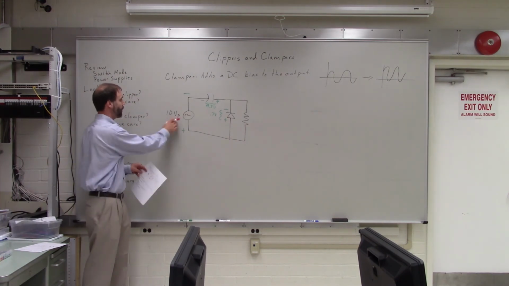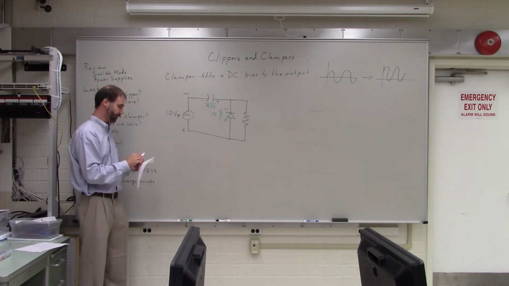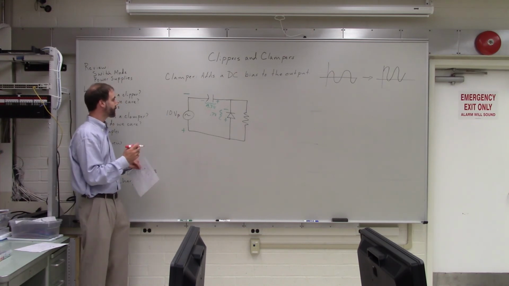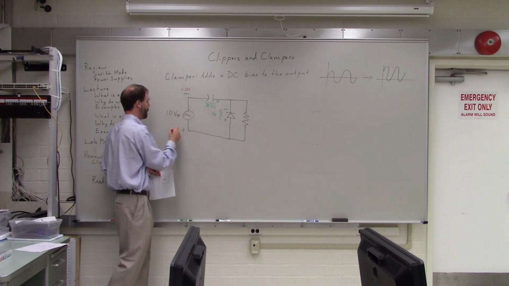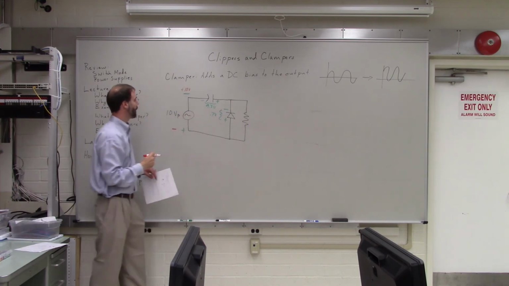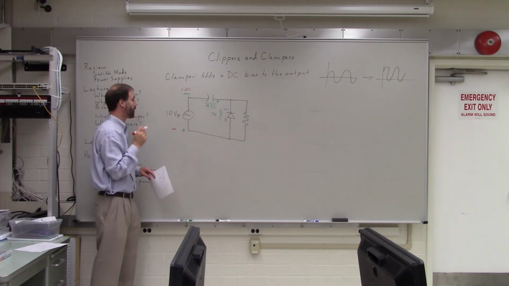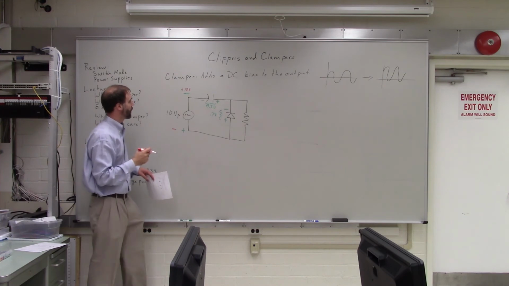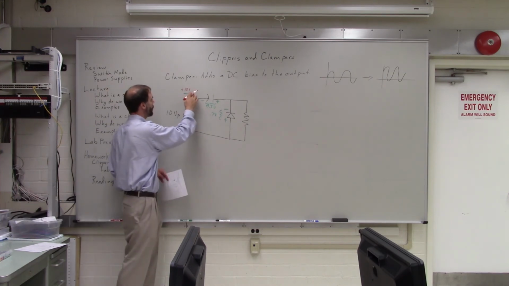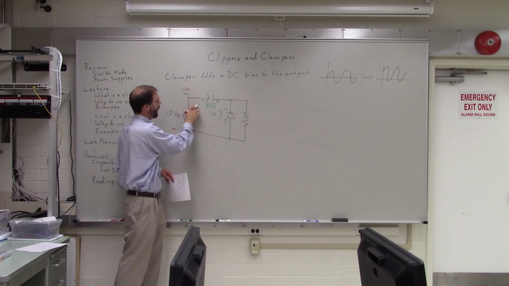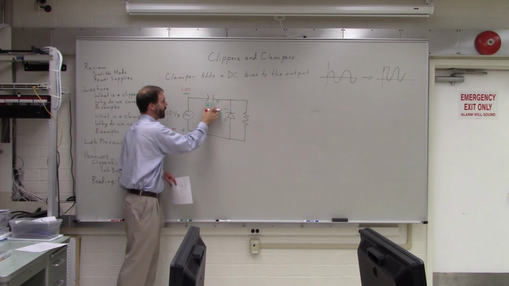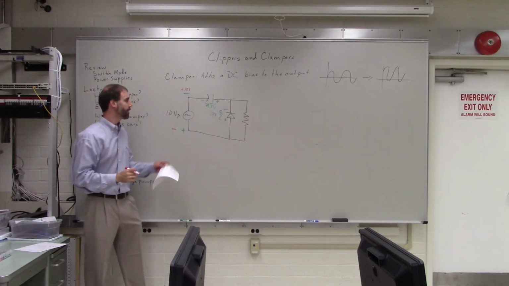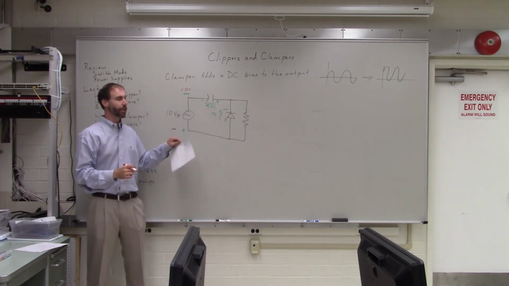Now, your incoming signal switches over, and now you've got plus 10 volts there, and ground down there. So now you're at plus 10 volts here, and this capacitor is still charged up. It's a pretty big capacitor relative to the load, so it doesn't discharge very much across the load.